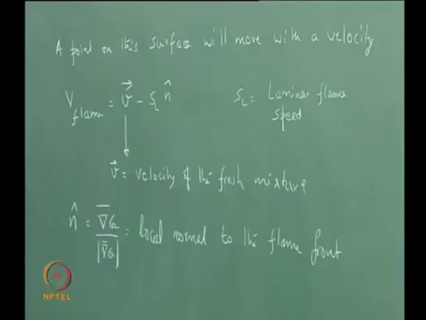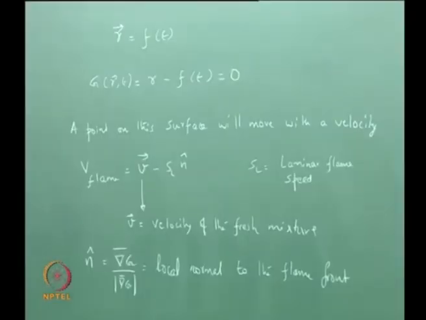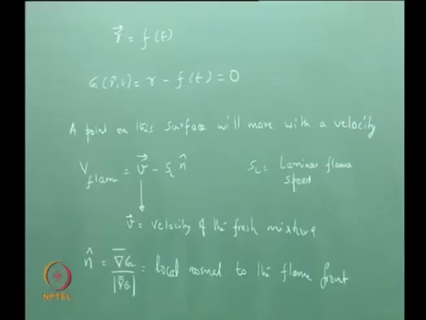So the unit vector N goes like del G over modulus of del G, which is the local normal to the flame front. So I hope so far is okay.